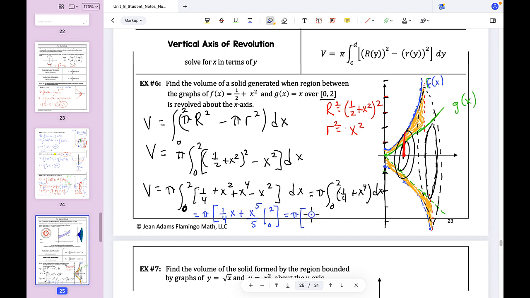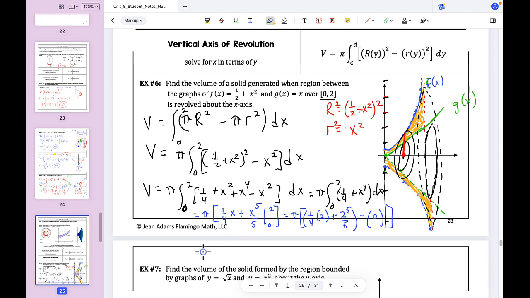Okay, so we'll substitute our 2 in there. So that's going to be 1/4 times 2 plus 2 to the 5th over 5, minus, and then we substitute the 0 in there, so we get 0 minus 0, which is 0.